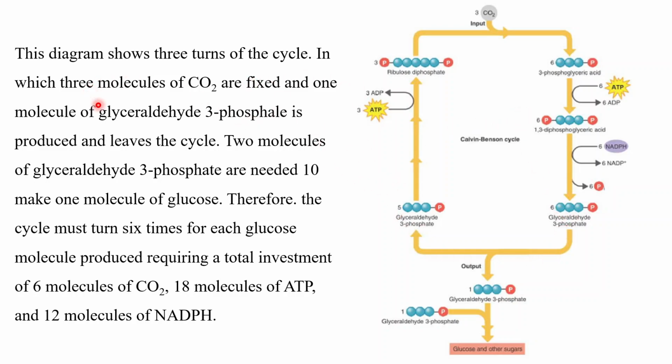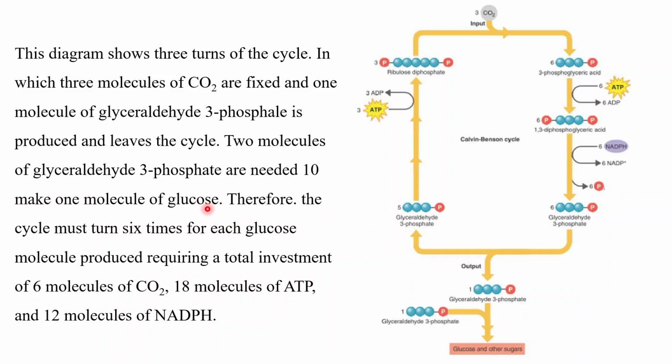So basically 3 molecules of CO2 are fixed and 1 molecule of glyceraldehyde 3-phosphate is produced and leaves the cycle. 2 molecules of glyceraldehyde 3-phosphate are needed to make 1 molecule of glucose. Sorry, there is a typo here.